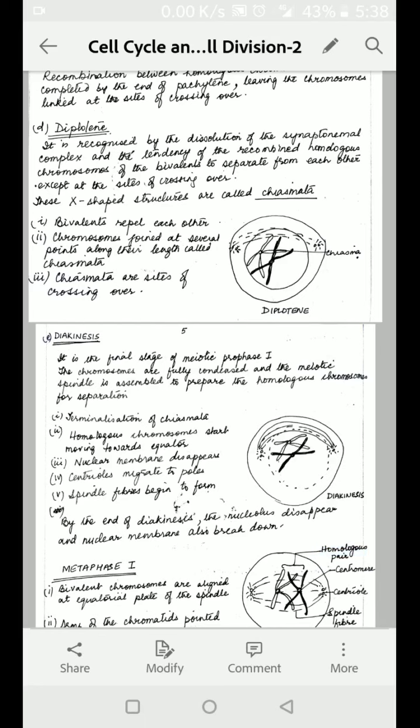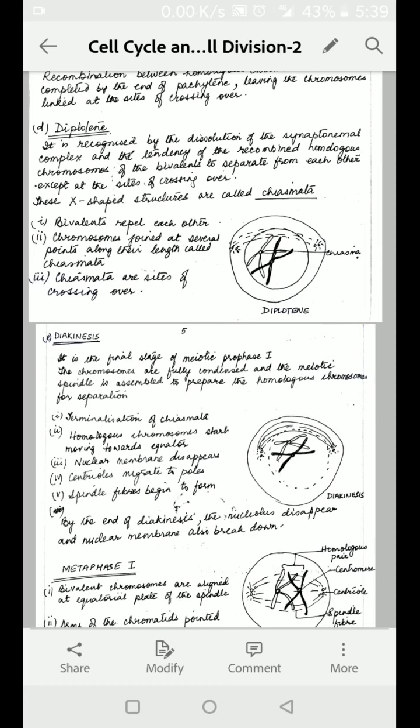The chromosomes are fully condensed and the meiotic spindle is assembled to prepare the homologous chromosomes for separation, and there is terminalization of chiasmata and repulsion between the bivalents, which are still connected at specific points.